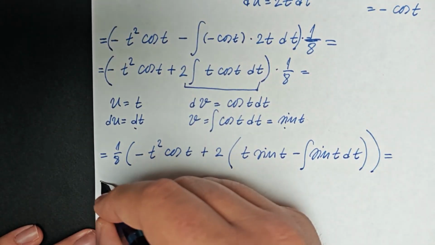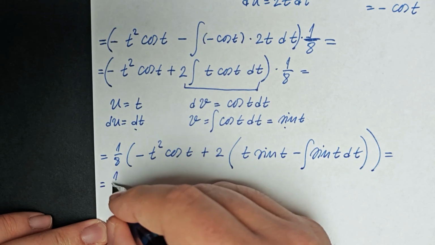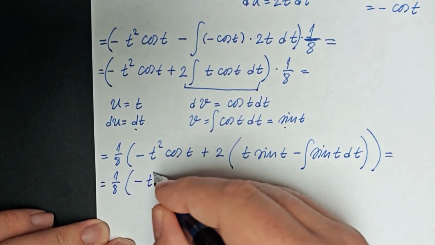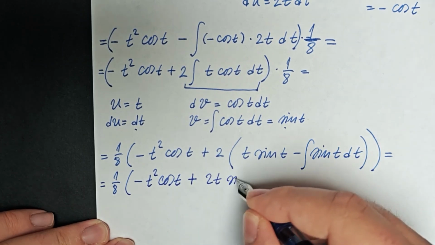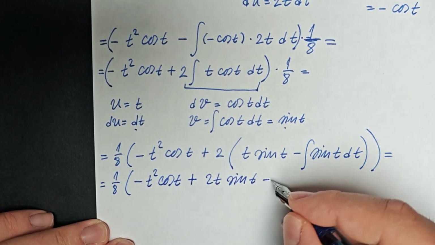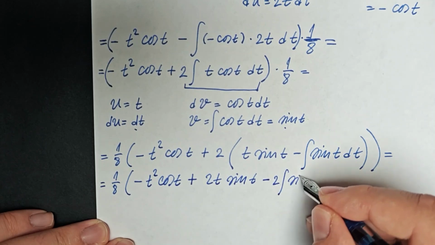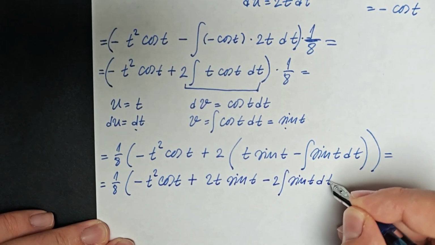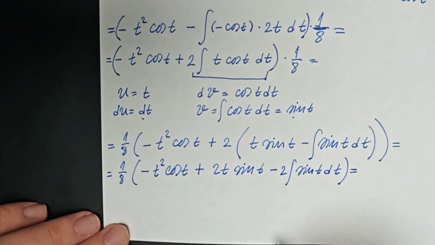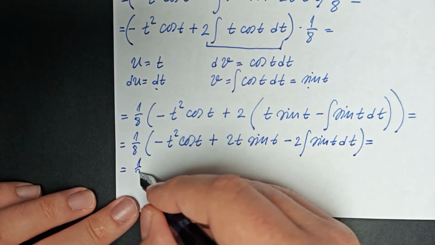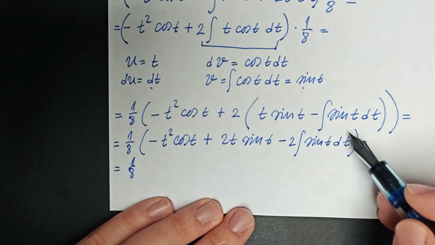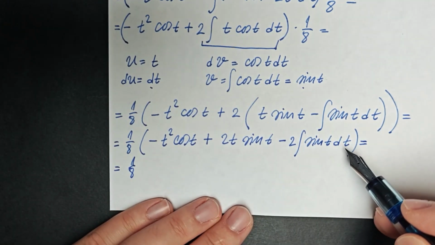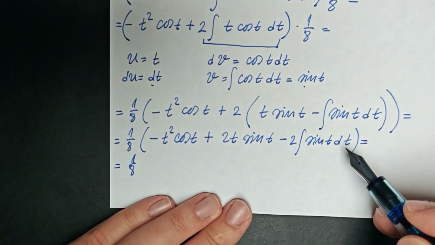Well, this is then equal to 1 over 8 negative t squared cosine of t plus 2t sine of t minus 2 integrals of sine t dt. This is equal to 1 over 8, and of course, when we solve this integral, we are going to need to plug in that plus c.